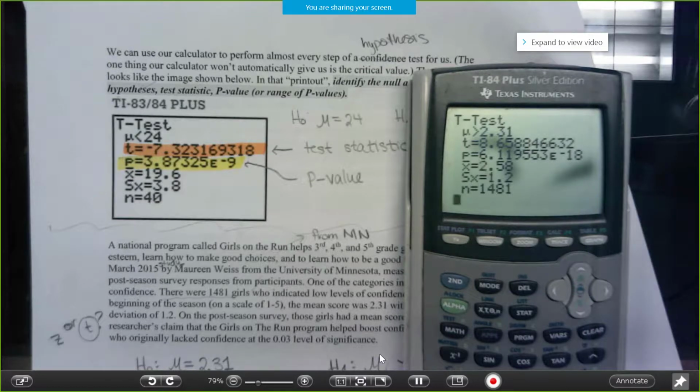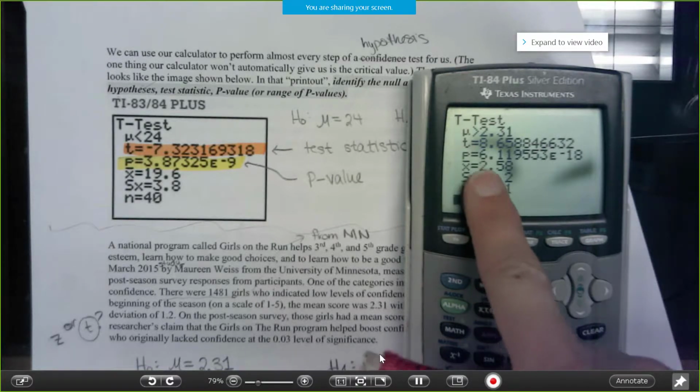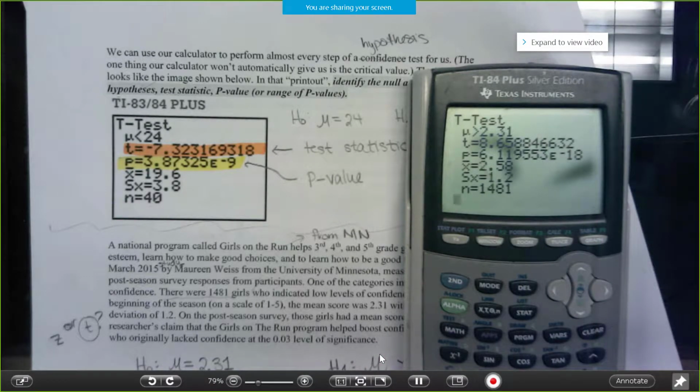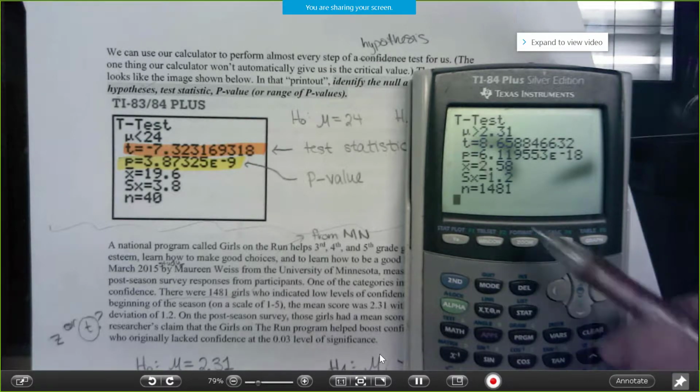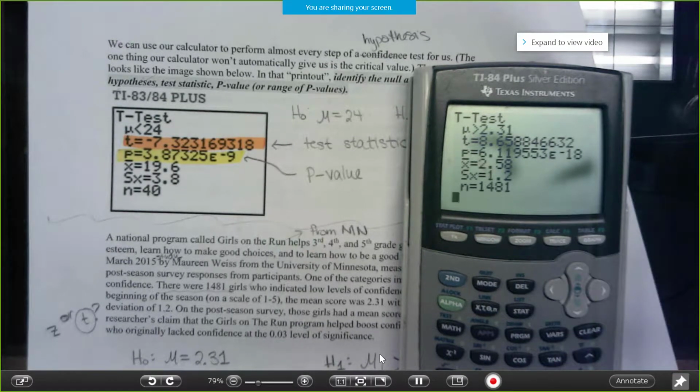That's just because we did some rounding. But it's like 6 something e to the negative 18. So the 6 is in the 18th spot after the decimal, which is exactly what we got. And then the X bar and Sx are already what we did. So it gave us the same test statistic and the same p-value. The only thing it won't give us is the critical value. You get it?